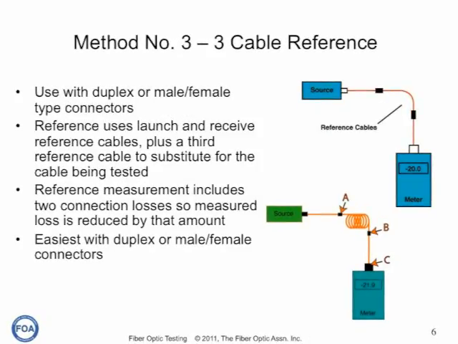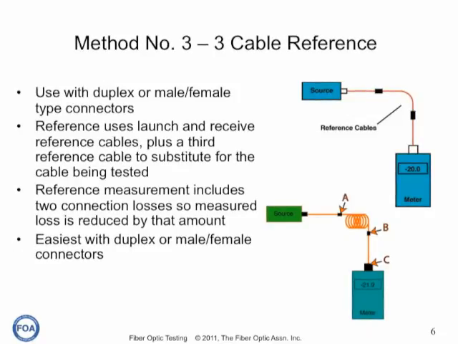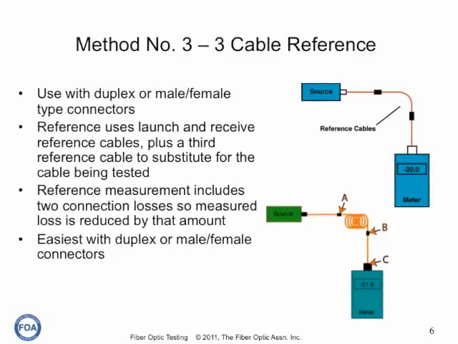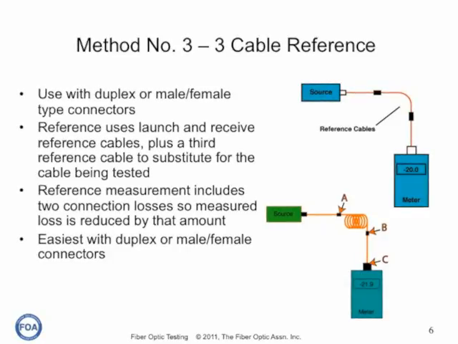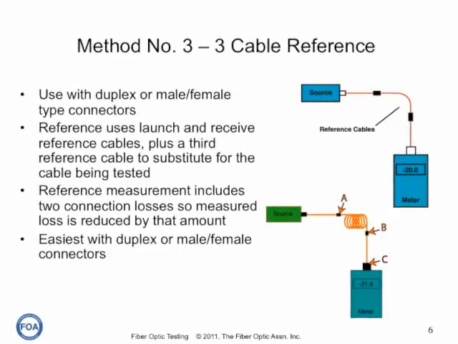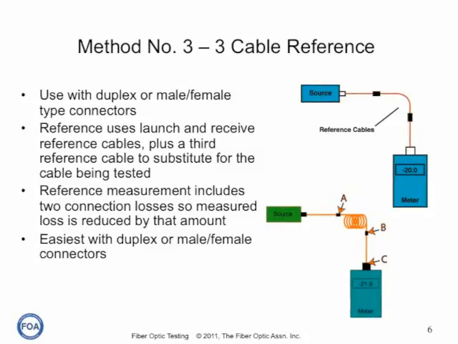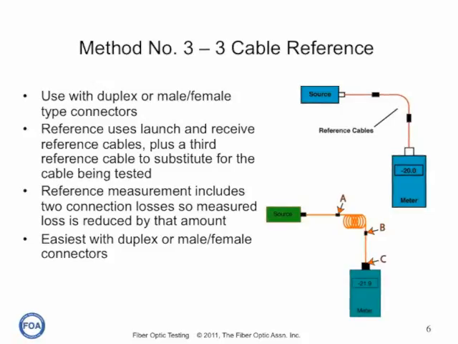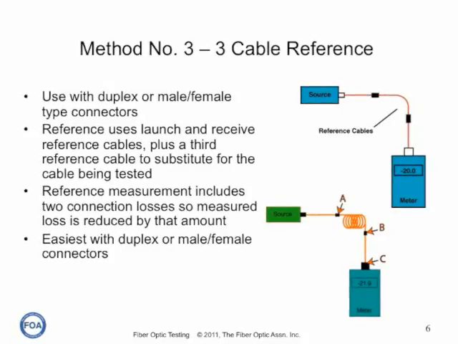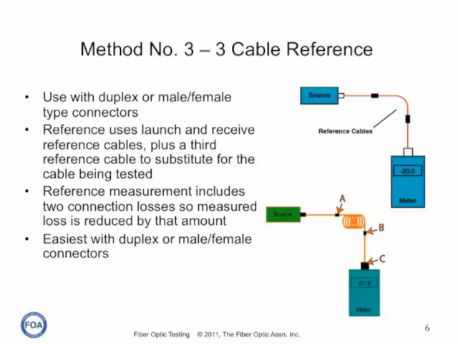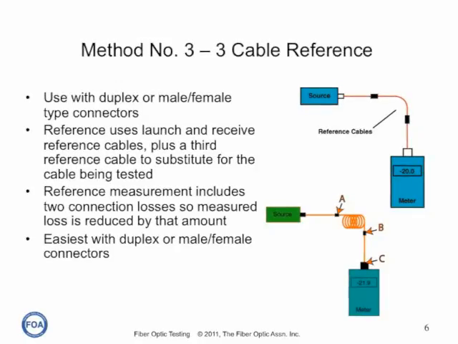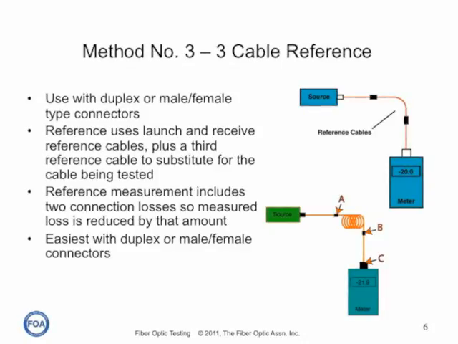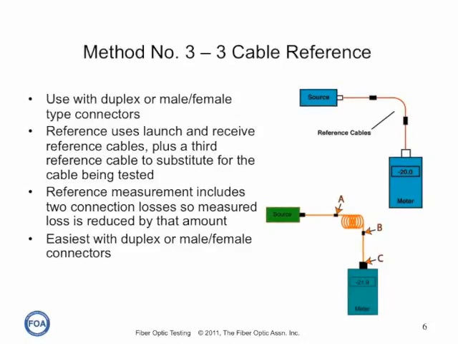Sometimes, not only will the connectors on our cable plant not mate with instruments, but they won't mate with each other. For example, with duplex or multi-fiber male-female type connectors like the MTP or MTO. Then we can use a 3-cable reference. Now we use a launch cable on the source, a receive cable on the meter, and a third reference cable in between the two, which is our stand-in for the cable plant.